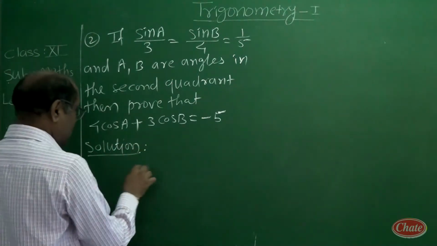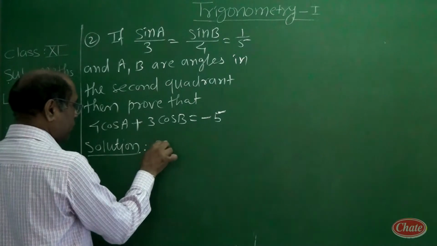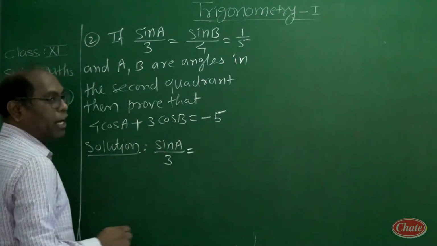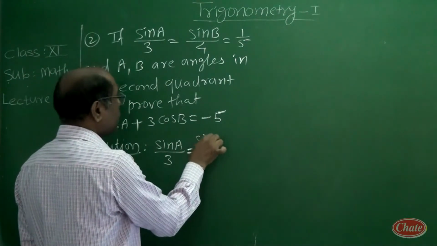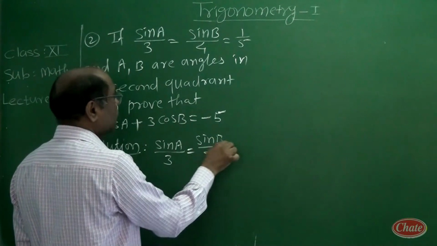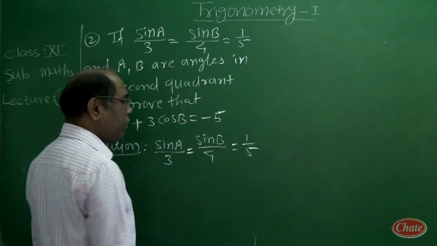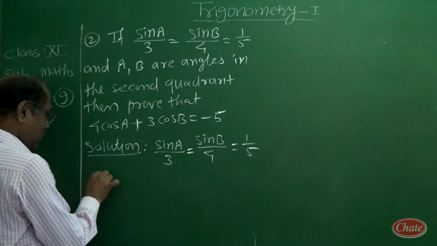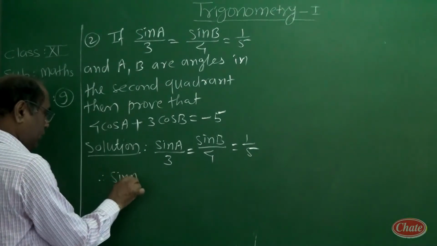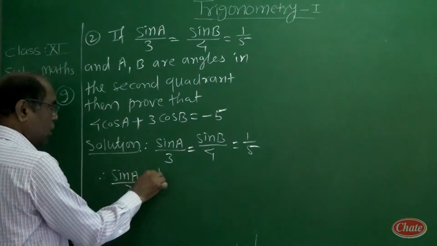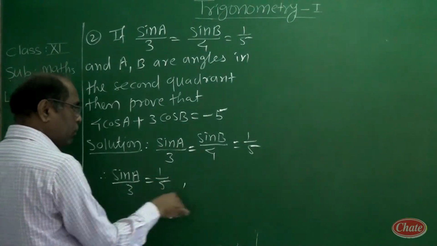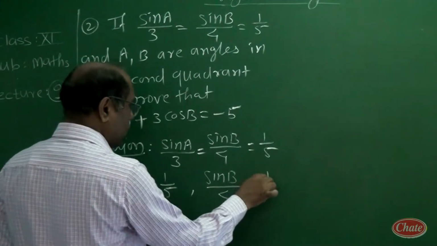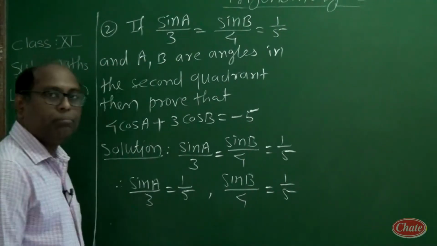So we are given sin A upon 3 is equal to sin B upon 4 is equal to 1 by 5. So therefore sin A upon 3 is equal to 1 by 5 and sin B upon 4 is 1 by 5.